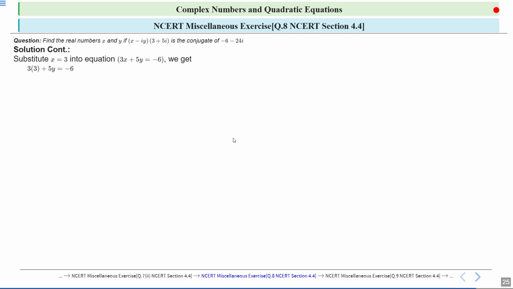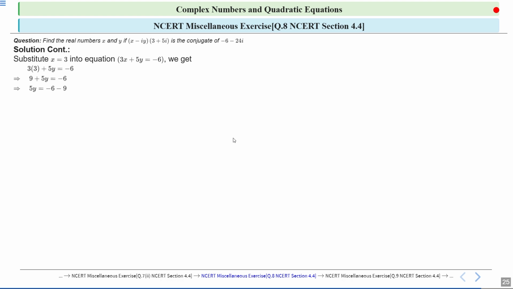Now substitute x equals 3 into the equation 3x plus 5y equals minus 6. So we write 3 times 3 plus 5 times y equals minus 6. Now let's simplify the equation. 3 times 3 is 9, and we have 9 plus 5 times y equals minus 6.